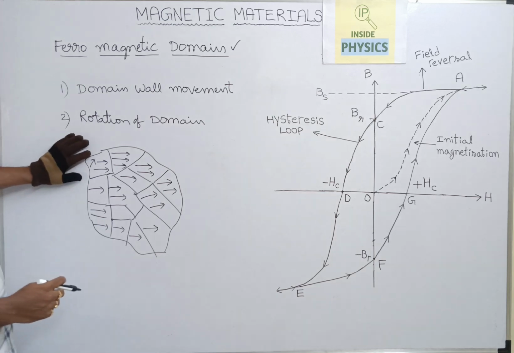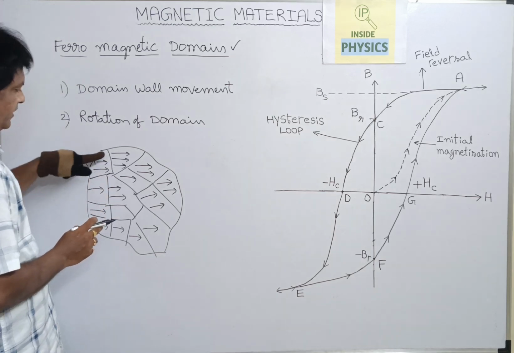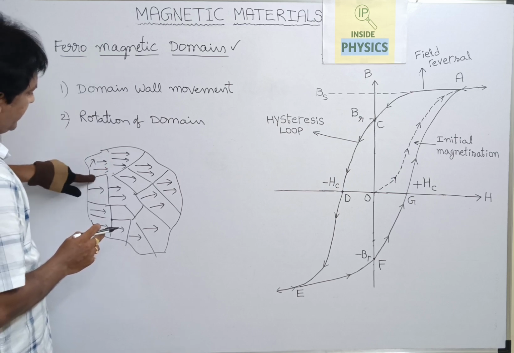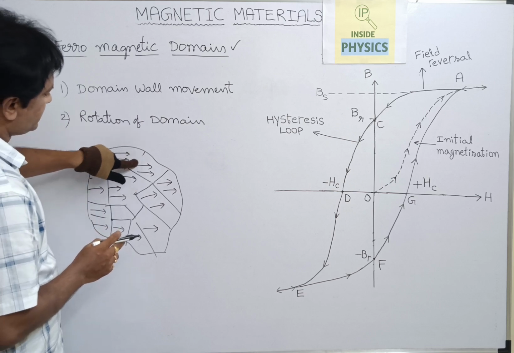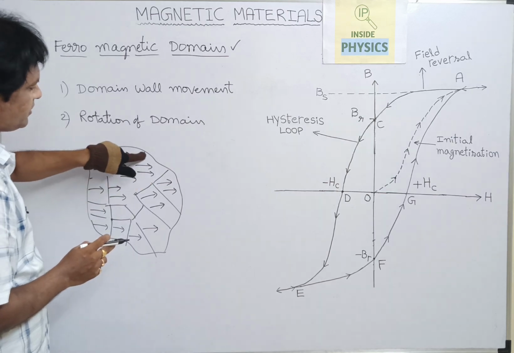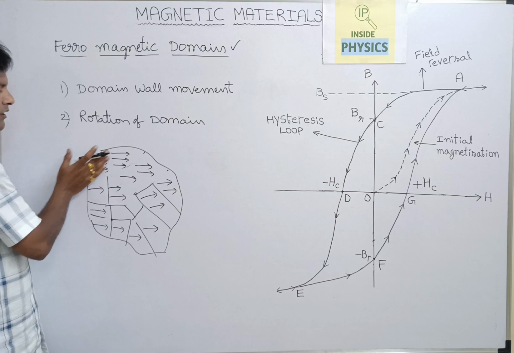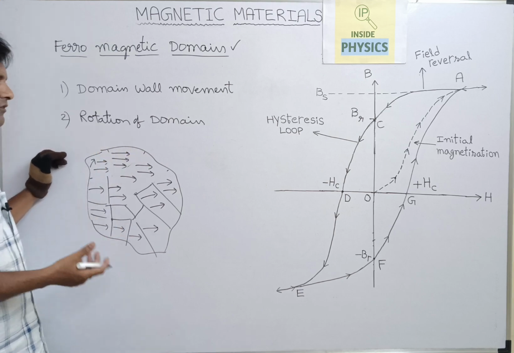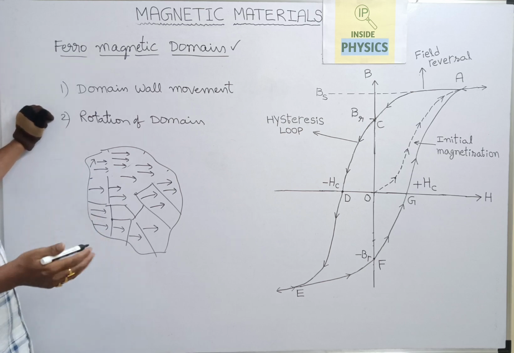So the motion of the boundary of these walls will be expanding at the cost of diminishing unfavorable domains. We may call some favorable and unfavorable domains in this context. Favorable means those which orient in the direction of the applied field very quickly, and unfavorable means they may not respond that quickly.